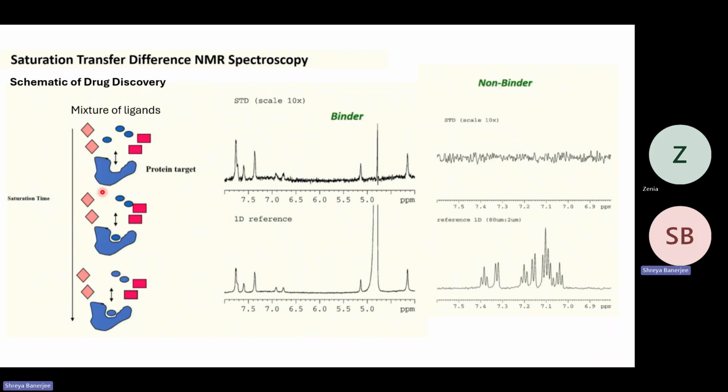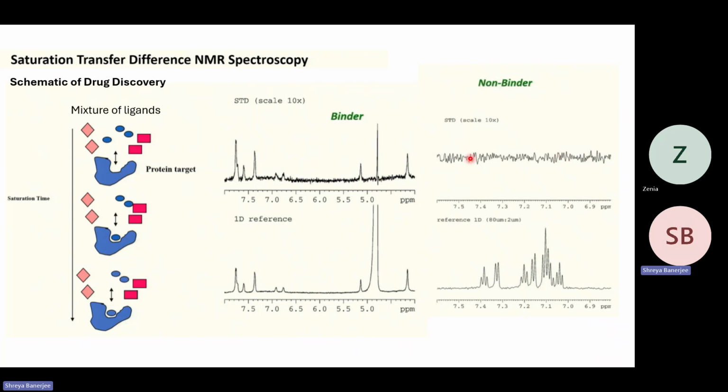So basically, suppose you have a protein target and you have a mixture of ligands that you want to screen to find out which is a good binder to the protein. So then the STD NMR is done, and non-binders will show, you can see, if this is the reference 1D NMR of a non-binding, suppose this square, it is not binding. If it gives a control NMR like this and in STD NMR, all peaks are gone.